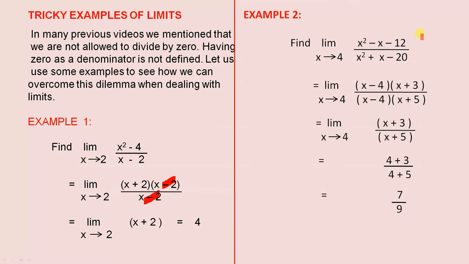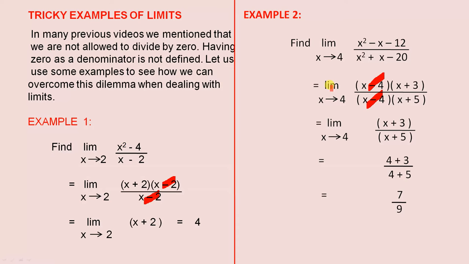Example 2. The limit of x squared minus x minus 12 over x squared plus x minus 20 as x approaches 4. Let us factorise the numerator and the denominator, and this is what we get here. And we notice that we have a denominator here of x minus 4, the same with the numerator, so we cancel those two out.